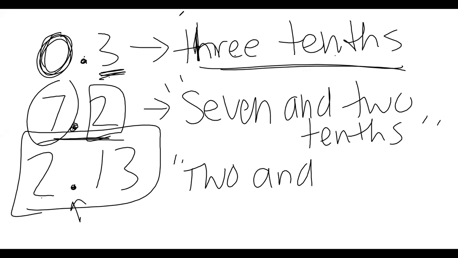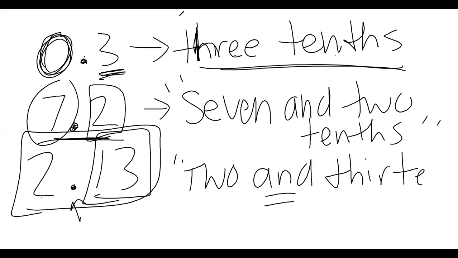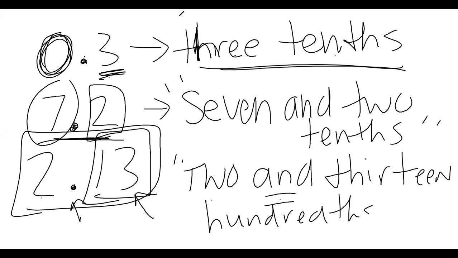And that's the decimal. And then this number, 13. But where is that last digit? It is in the hundredths place. So 2 and 13 hundredths. So that's really what we're looking at today: how do we read and write some decimals.